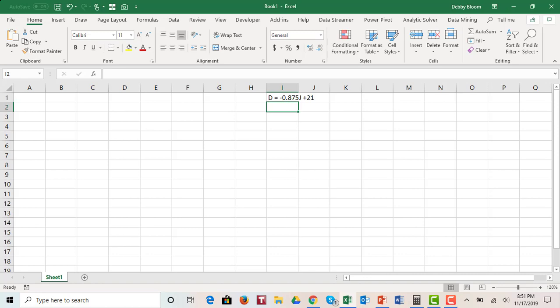Our second constraint, d equals negative 14 over 21j plus 14. I'm just typing the labels, not putting in the formulas, just to remind you of the formulas as I put them in. And then our third constraint, very easy, d equals 2j.